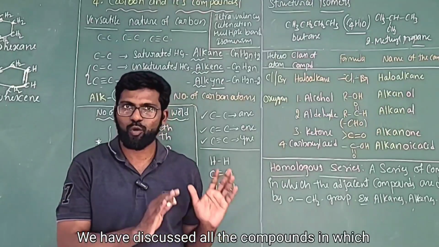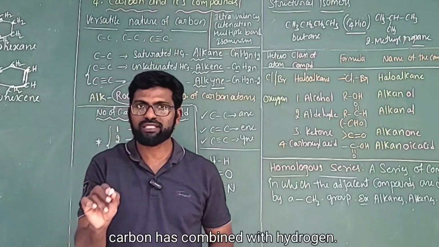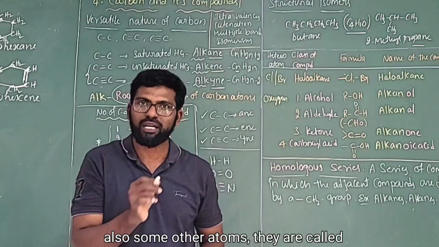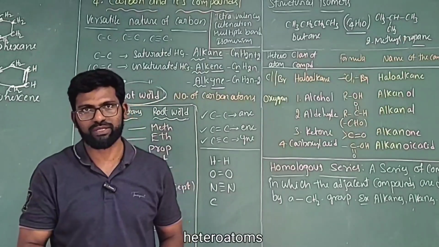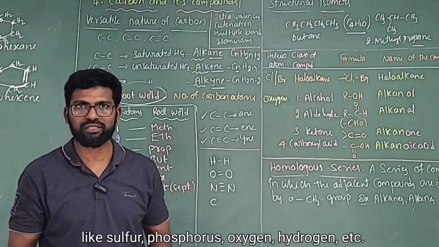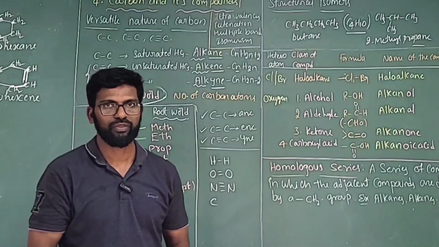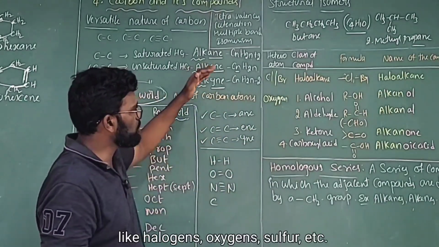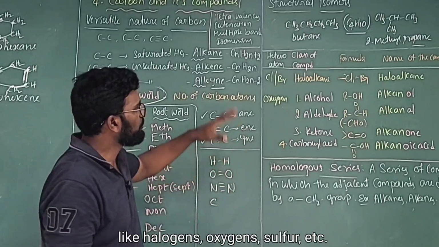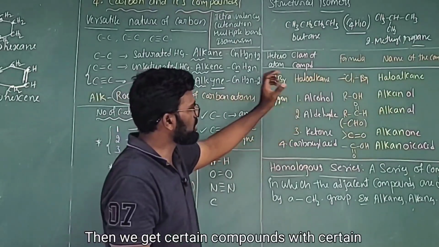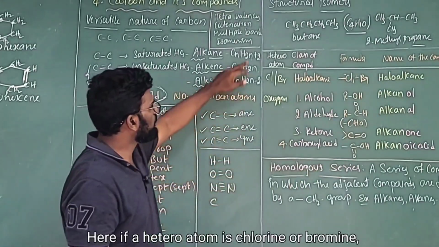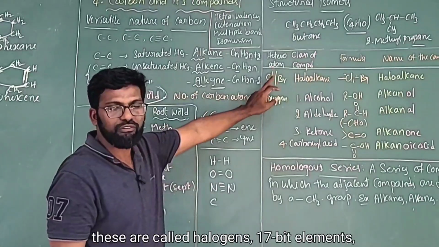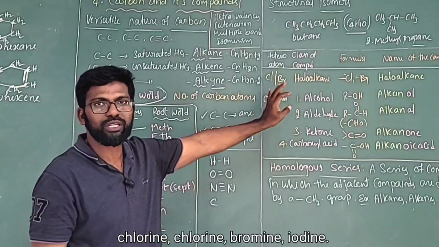Till now we have discussed all the compounds in which carbon has combined with hydrogen. Carbon not only combines with hydrogen but also with some other atoms. They are called heteroatoms, like sulfur, phosphorus, oxygen, halogens, etc. Suppose carbon combines with heteroatoms like halogens, oxygen, sulfur, etc., then we get certain compounds with certain functional groups. See here, if the heteroatom is chlorine or bromine, these are called halogens, 17 group elements: fluorine, chlorine, bromine, iodine.